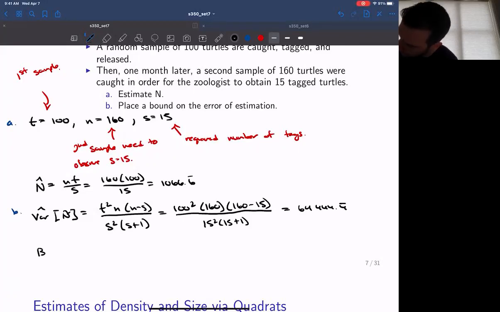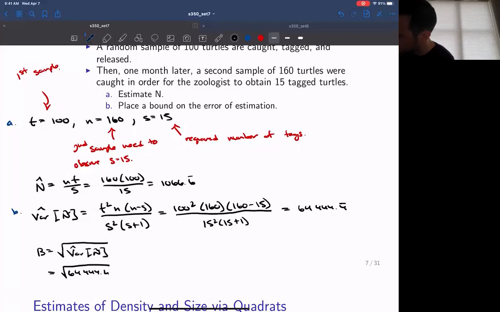Okay, so then our bound will be the square root of the variance of N tilde. So this will be the square root of 64,444.4, which is equal to 507.7182.